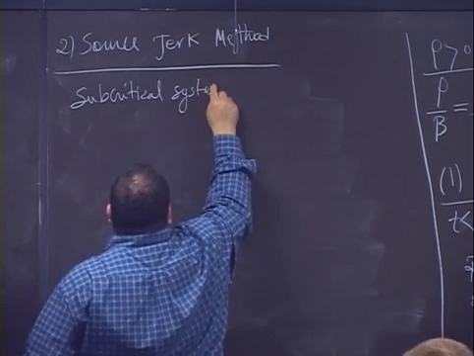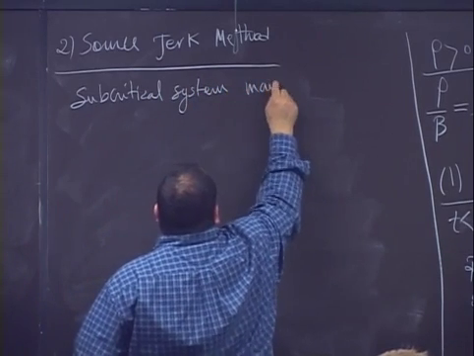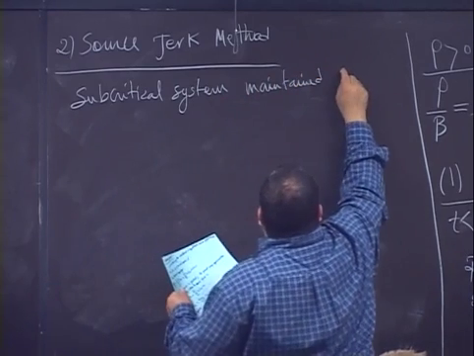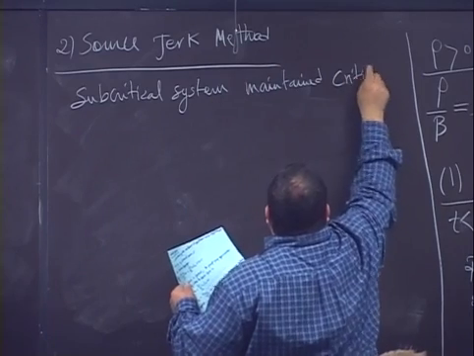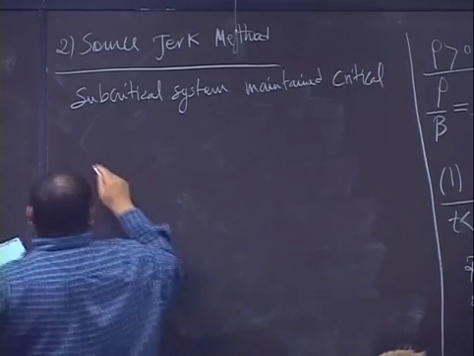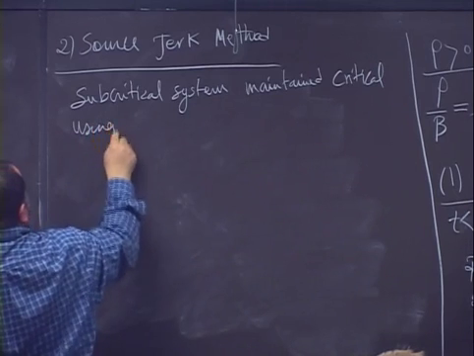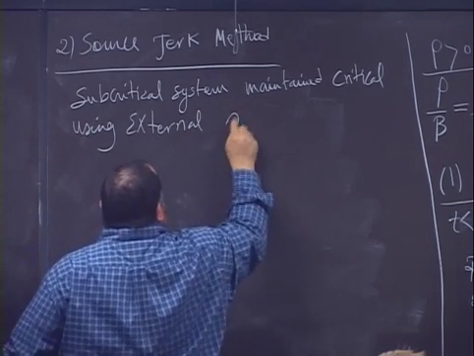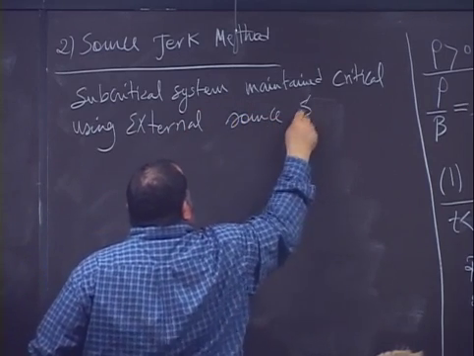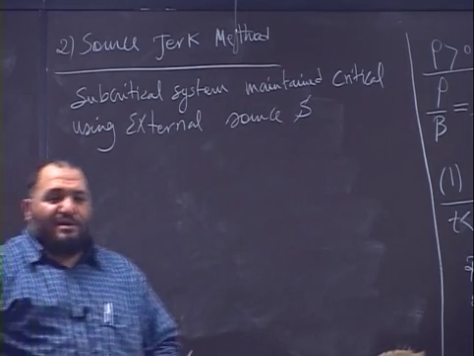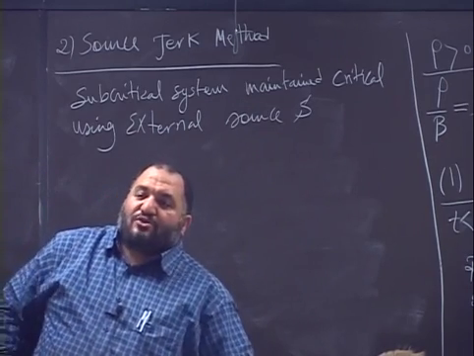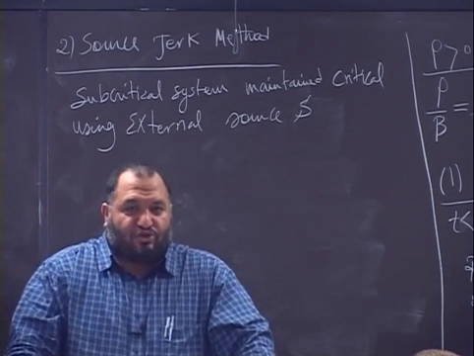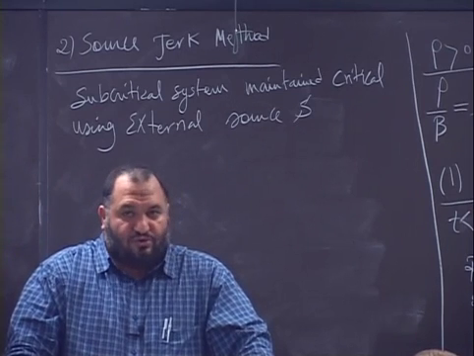And this system is maintained critical using an external source. And at the very beginning we stated clearly that if the reactor is subcritical, you can maintain it at a critical position if you have an extraneous source inside your core. Yes?